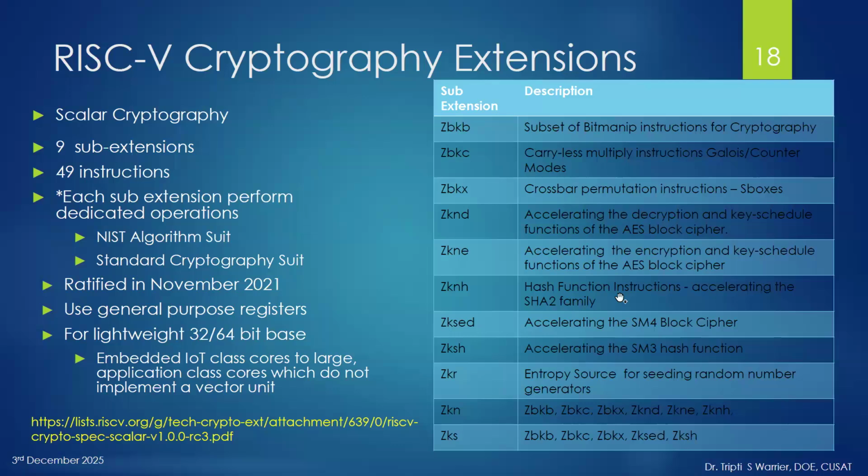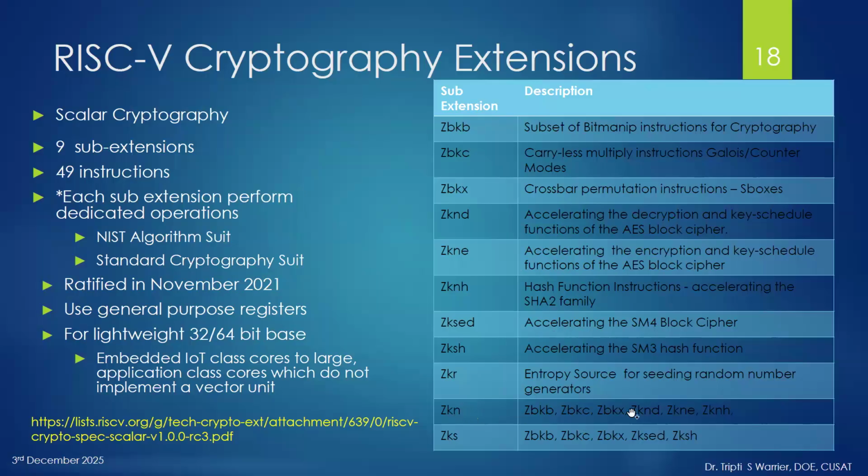These subsets are required for NIST algorithm applications, whereas SM4 and SM3 hash functions are examples for other cryptographic suites. And when you say a standard cryptographic suite, all these extensions will be present. So any combination of these could be present in your RISC-V design.